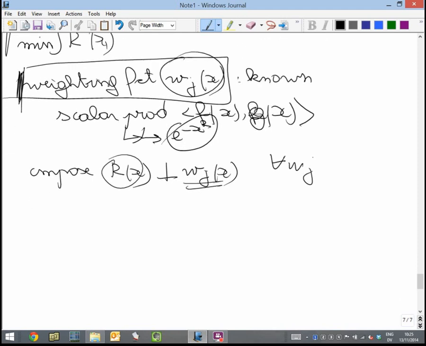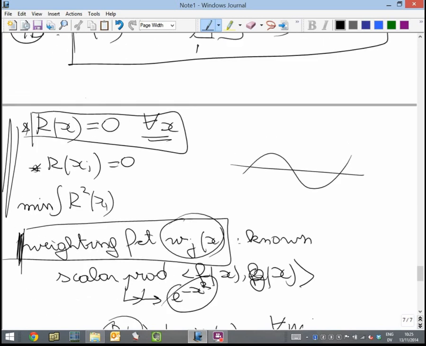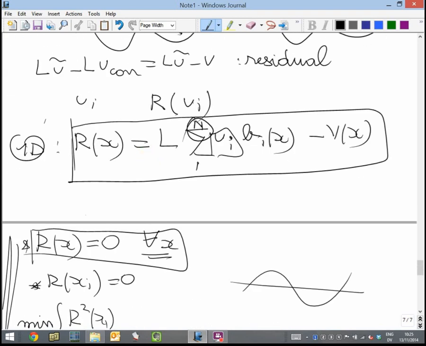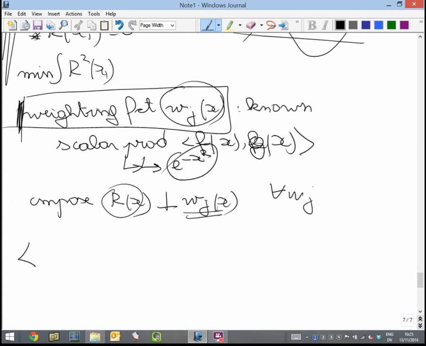So this orthogonality condition, if we write this down more explicitly with the definition of r of x, which we have up here, right? So this r of x is L, the summation of unknown functions, minus v of x, and on the right hand side we have our wj, and we ask that this is equal to 0.